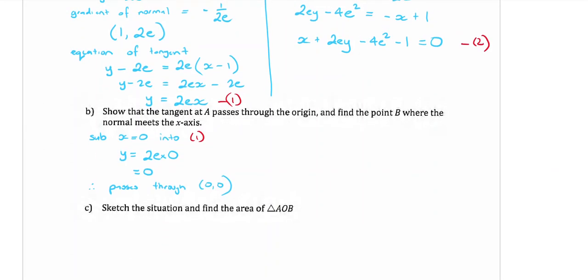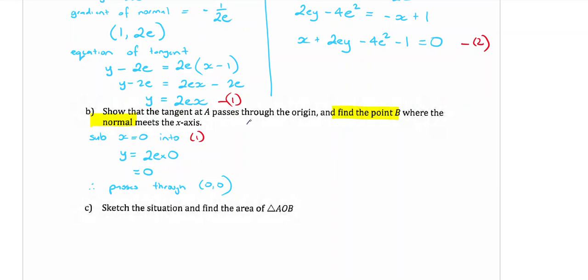Okay, next, second part of that question says find the point B where the normal meets the x-axis. The normal means I'm looking at this equation and I want to know where it meets the x-axis, which is when y equals 0.